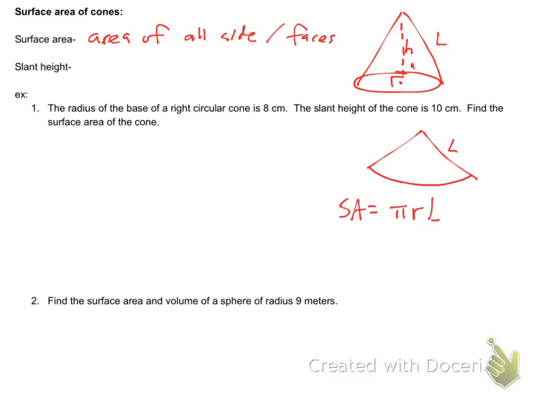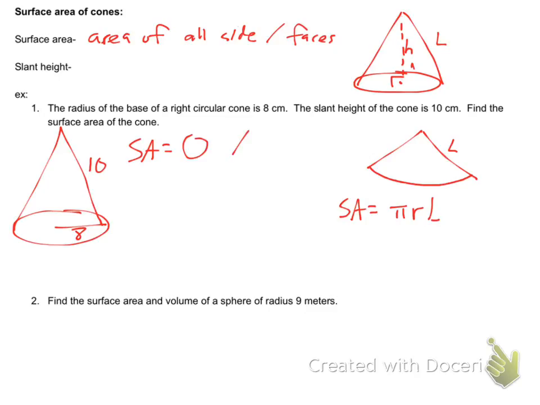So, example number 1 says the radius of the base of a right circular cone is 8 centimeters. The slant height of the cone is 10. Find the surface area. If I draw another picture, a circle, we have 10 and 8. The surface area of the whole thing is the circle and the lateral part.